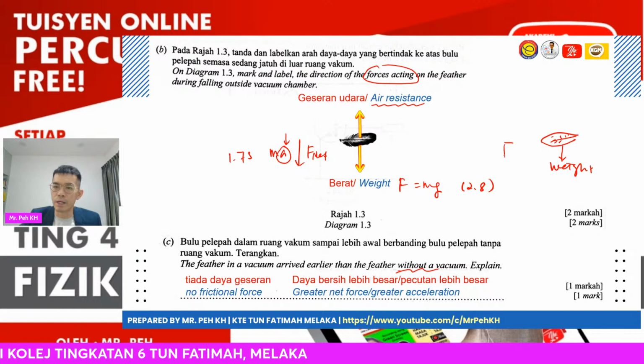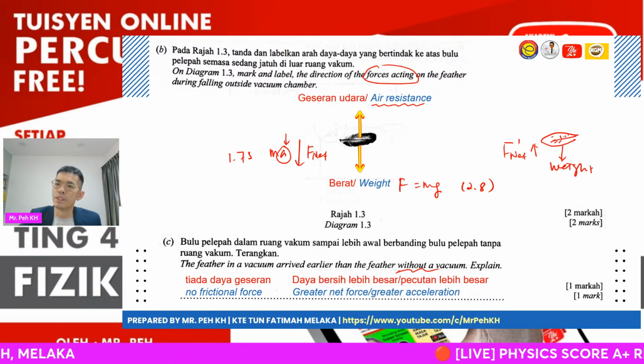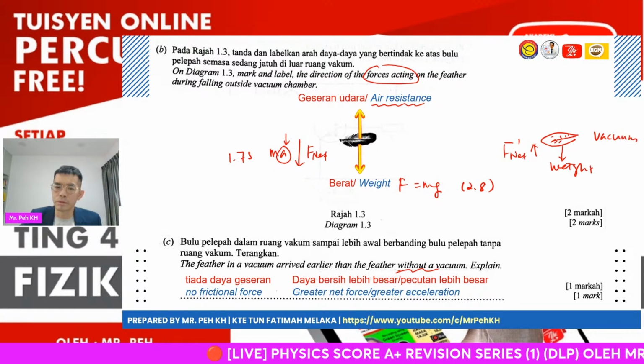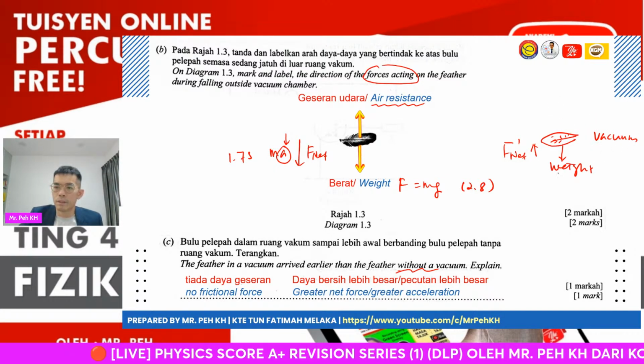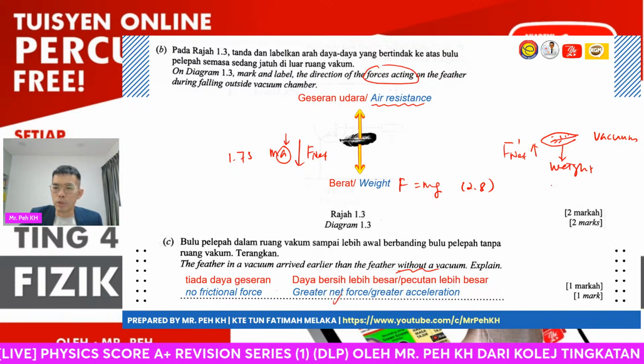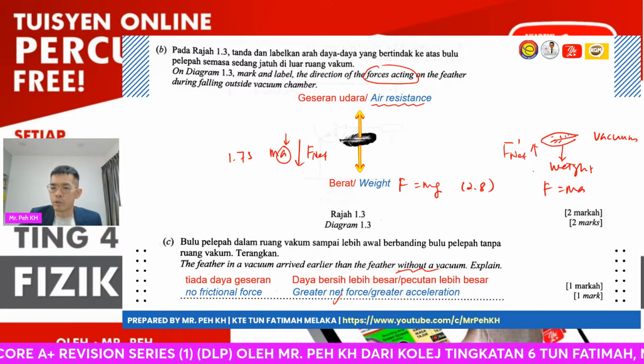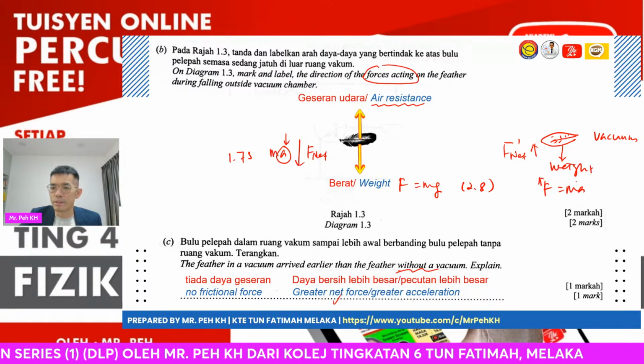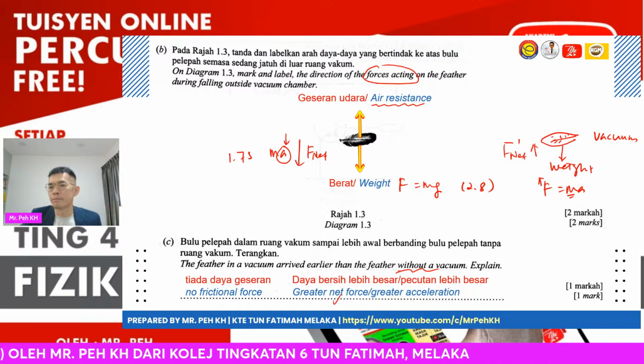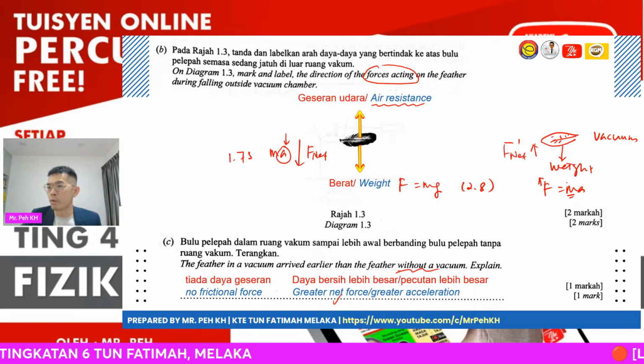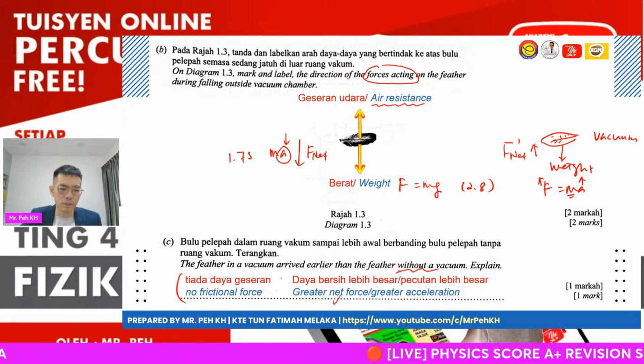So the downward net force will be greater for the feather in vacuum condition. As mentioned also, when F equal to ma, when the net force is higher, with the same mass for both feathers in diagram 1.1 and 1.2, the acceleration will be greater. So you can give these three preferred answers here.